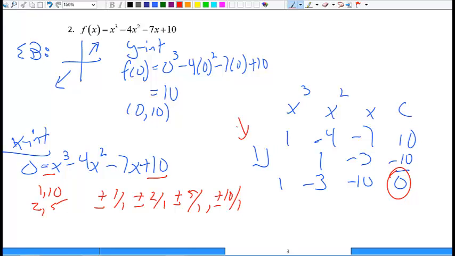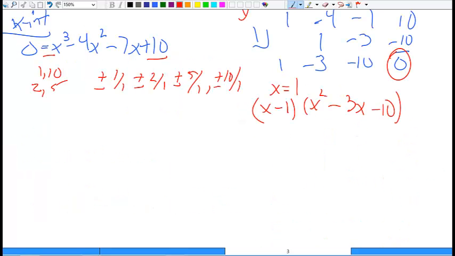So what does this 1 mean? This 1 means at x equals 1, so that means x minus 1 is a root. And the other piece would be x squared minus 3x minus 10. And so let's see.